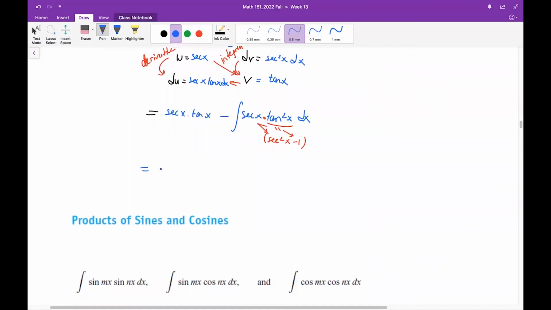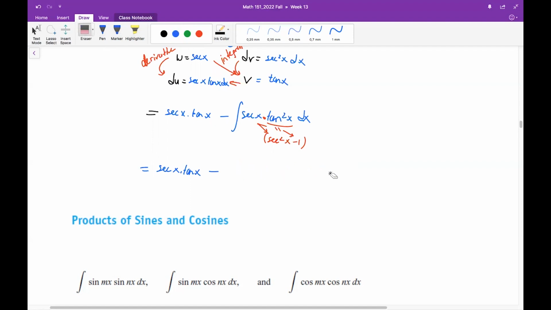Okay, you obtain secant x times tangent x, which is something already here, minus integral, this times this is secant cube x dx, and secant x times minus 1 is what? Minus integral secant x dx.